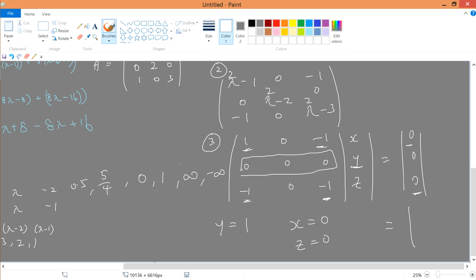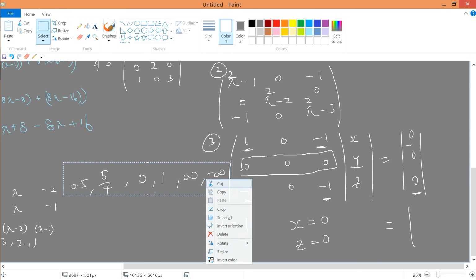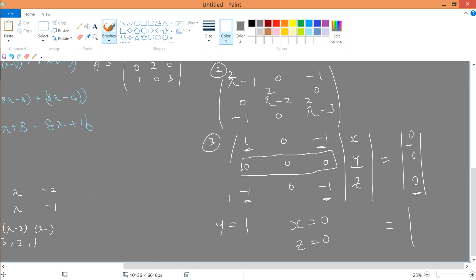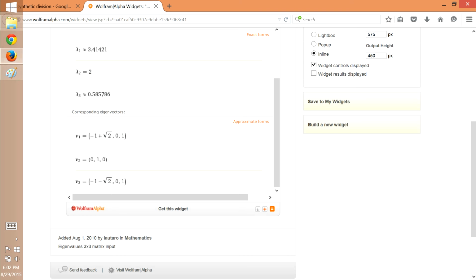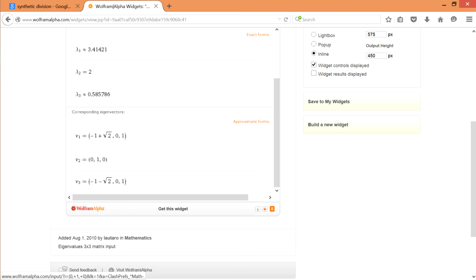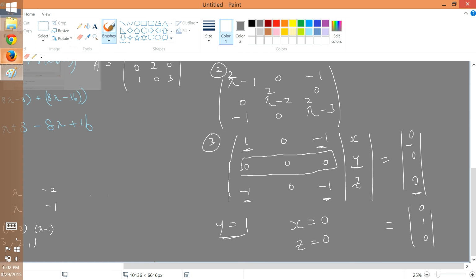So in this case I will just write y is equal to 1 for simplicity's sake. This is just the method: because there is nothing to describe y, you just write it as 1. So I have 0, 1, 0, and this is the answer for your eigenvector. I hope that this is very clear for you.